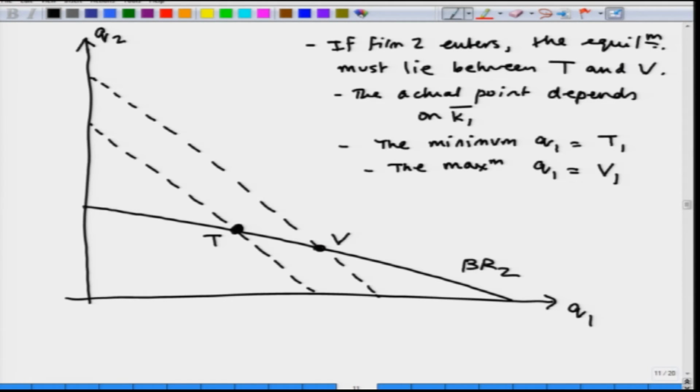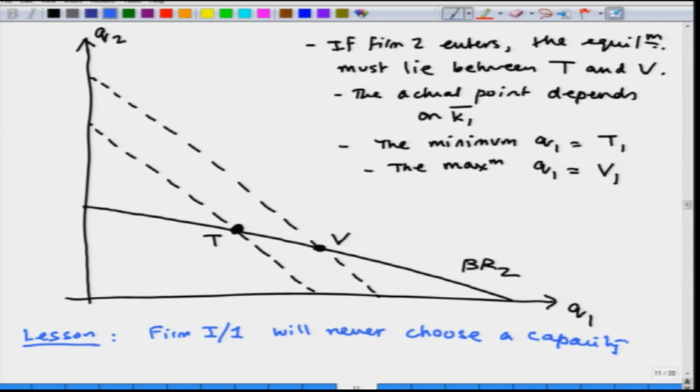One important lesson that we have here until now is that firm 1, the incumbent, will never choose a capacity which is less than T1 or larger than V1.